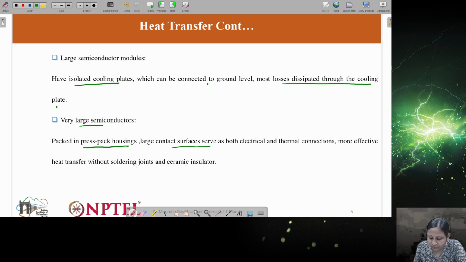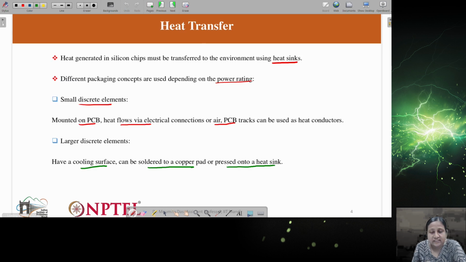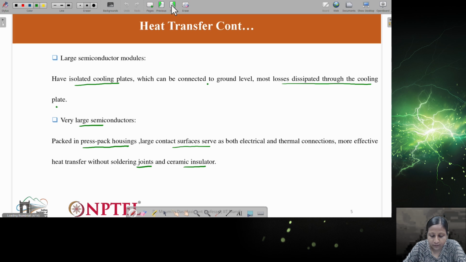Soldering joints or ceramic insulators are required for larger discrete elements and for large semiconductor modules, but will not be required for very large semiconductors. There, it is already integrated in the semiconductor devices.